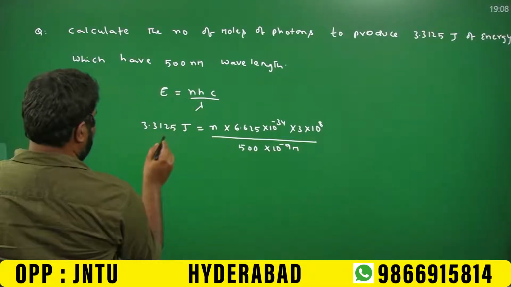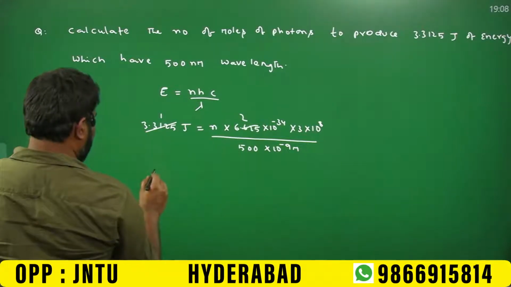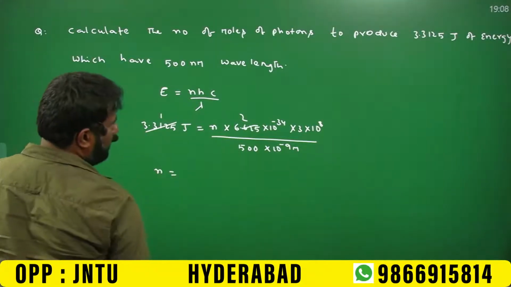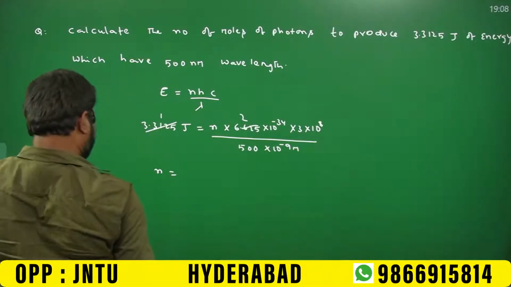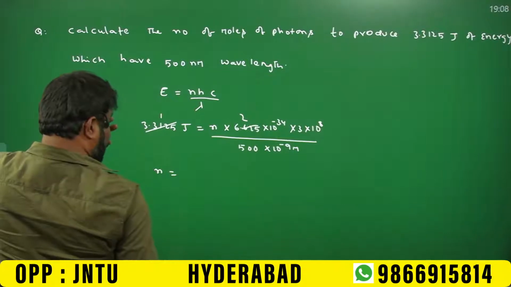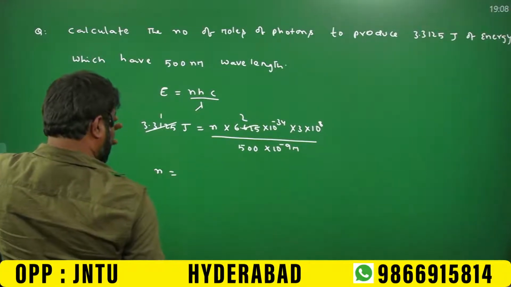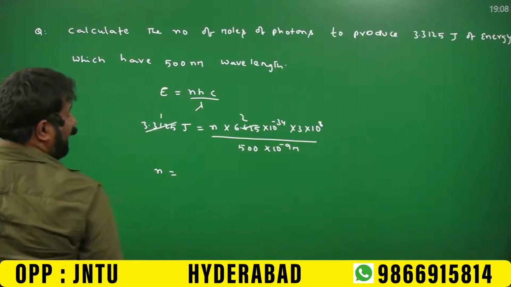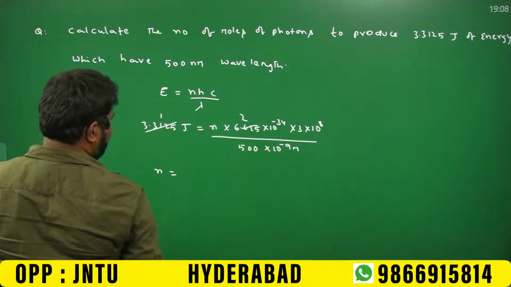Then n equal to 500 into 10 power minus 9, which is 5 into 10 power minus 7, and the powers combine to 10 power minus 34 plus 15, giving 10 power minus 19.